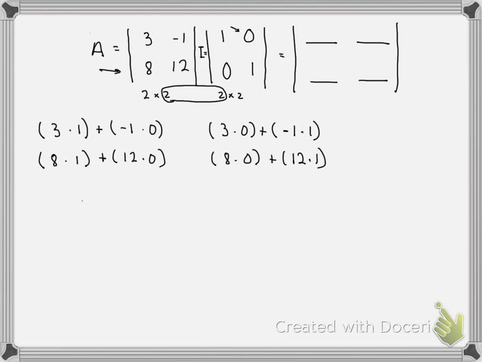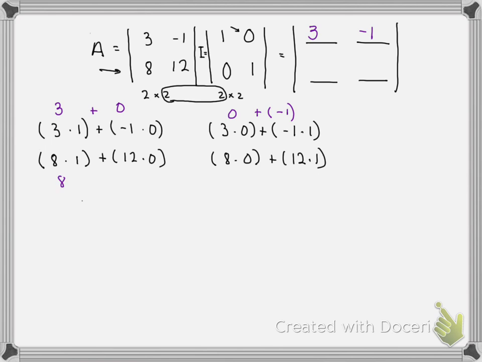So let's see what we get when we do this. 3 times 1 is, I'm going to change colors. Okay. 3 times 1 is 3, and that's probably a horrible color. 3 times 1 is 3 plus 0, which is 3 right there. And 0 times 3 is 0 plus -1, which is -1.